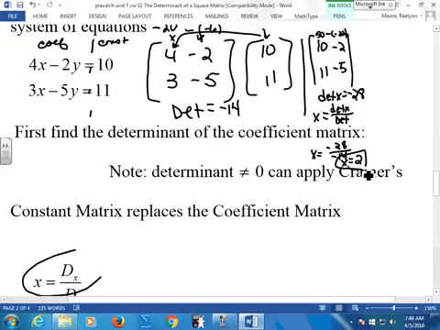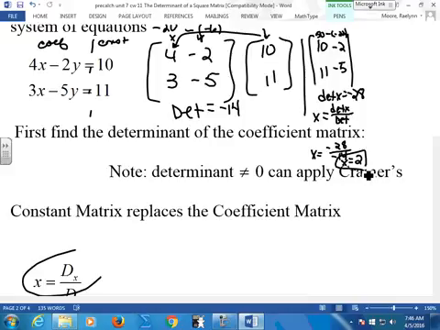Okay, we just took the coefficients. If we're solving for x, we're going to put the solution part in there, the constant, over the determinant. I did the determinant out this way, so negative 50 minus negative 22. If you have a 2 by 2, you can do that out by hand.